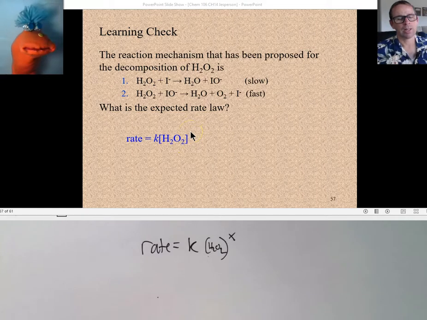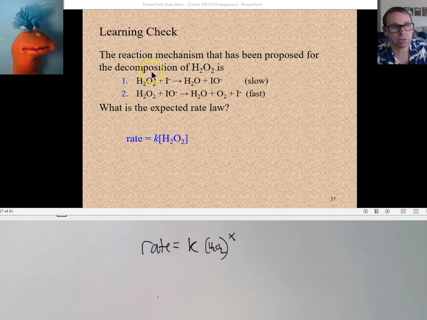How did you know that? Well, again, if you have mechanistic steps and you can pick out the slow step, then the dependence of that slow step is going to be related to the coefficient in the mechanistic reaction for just the slowest step. So because this is a 1 here, that's how I can know the rate law.